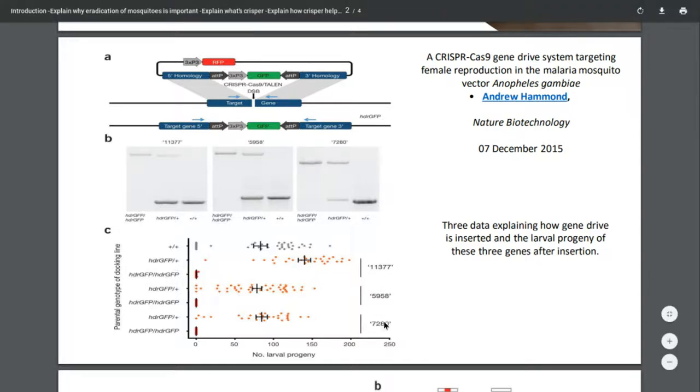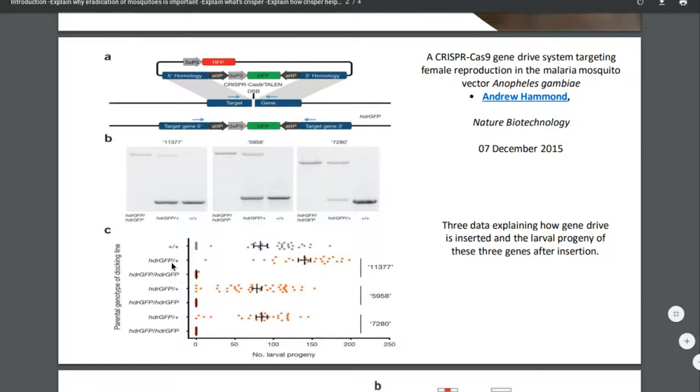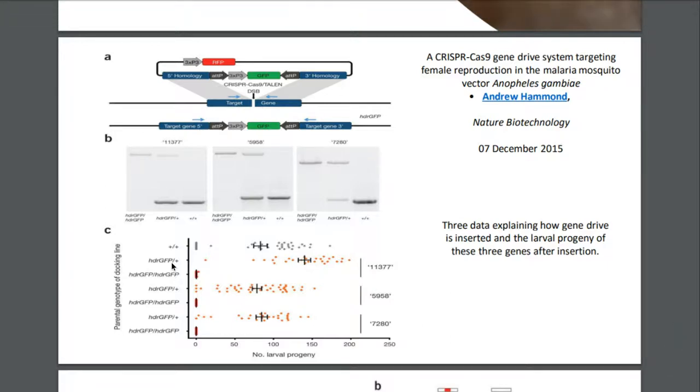In each gene that was heterozygous, they produce eggs, because the mosquitoes are still able to produce and lay eggs with one copy of the edited gene.